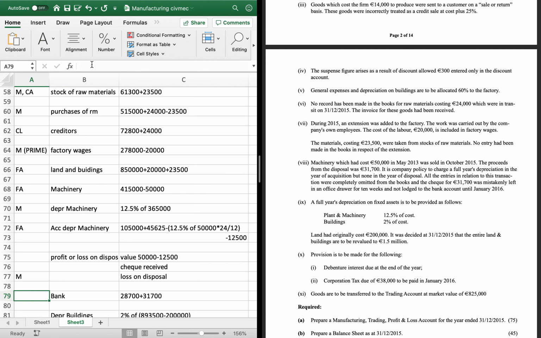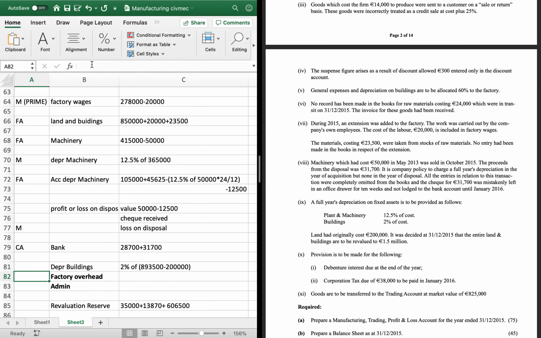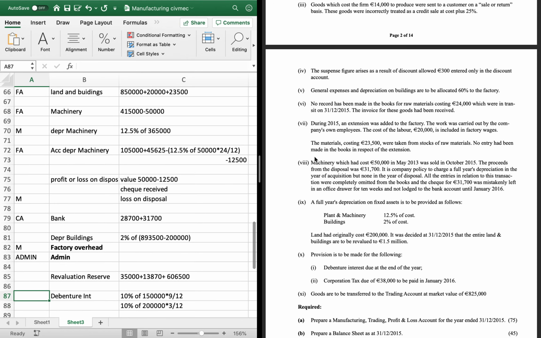So the bank will go into current assets because it's a debit. Depreciation of buildings, well, the factory element will go in the manufacturing and the admin element will go into admin. It doesn't actually tell you that, it just says to split it up 60-40. So the 40% goes in admin. Revaluation reserve in its normal spot in financed by.